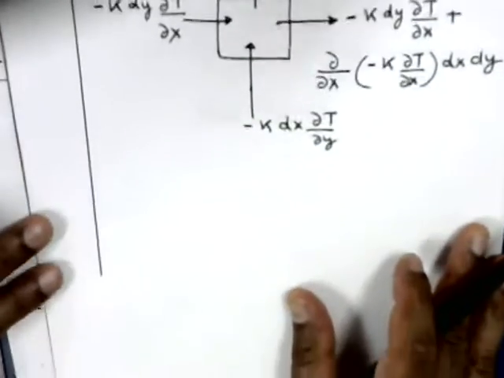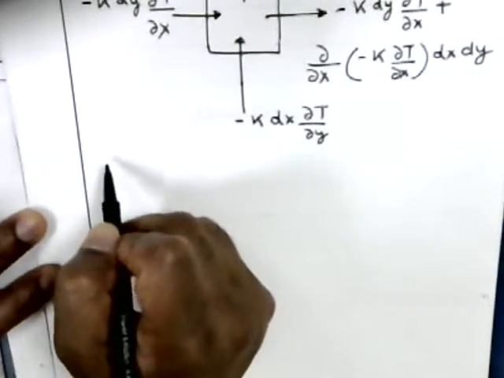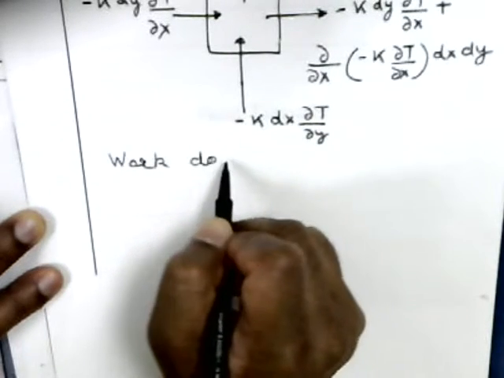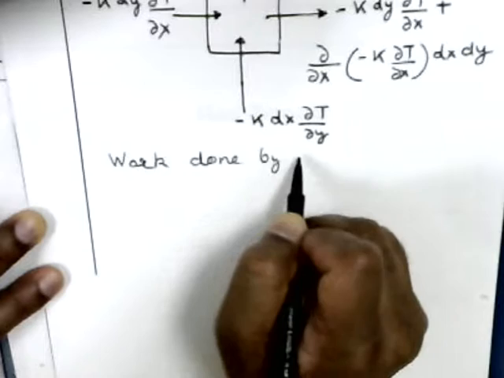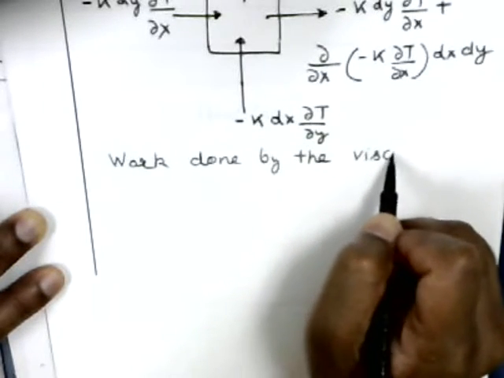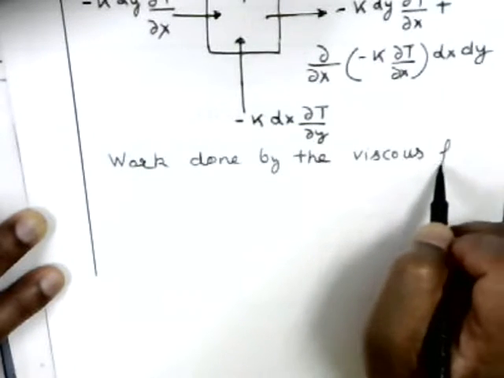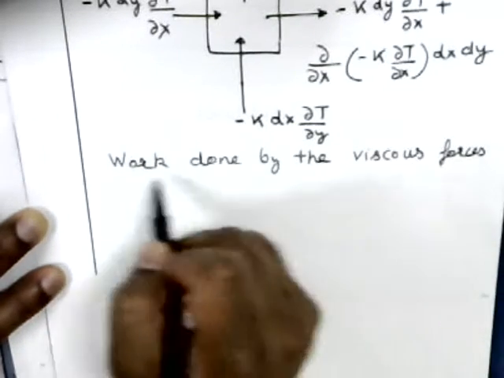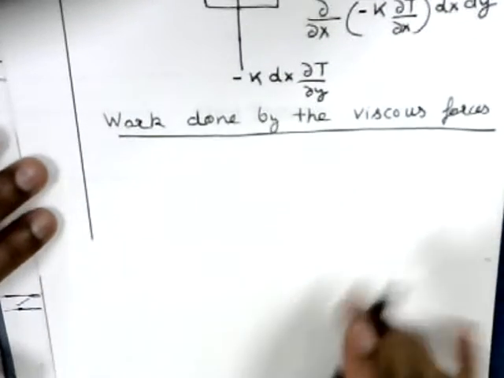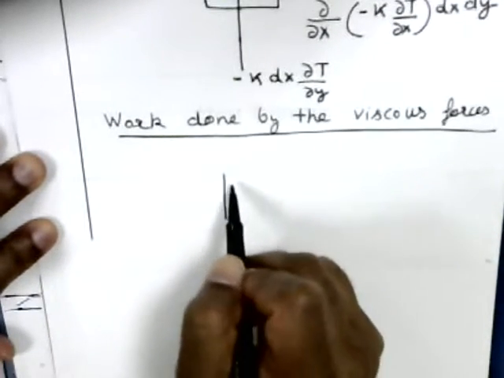Now, apart from these terms, there is also work done by the viscous forces on the control volume. Let us look at that also. So this is the control volume.